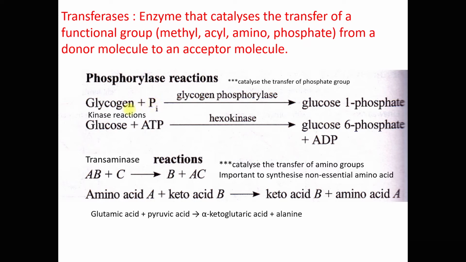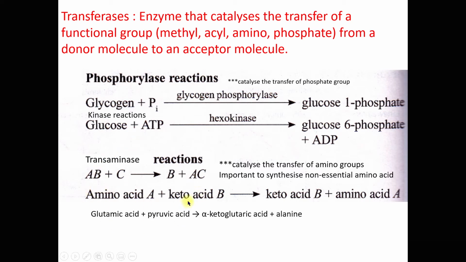Now in kinase reactions, what happens? Hexokinase catalyzes the formation of glucose 6-phosphate and ADP from glucose and ATP. Then another example here is transaminase reaction, where this transaminase enzyme catalyzes the transfer of amino groups from amino acid into a keto acid.